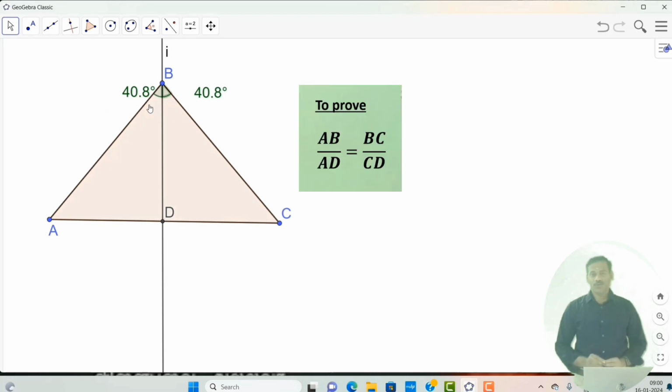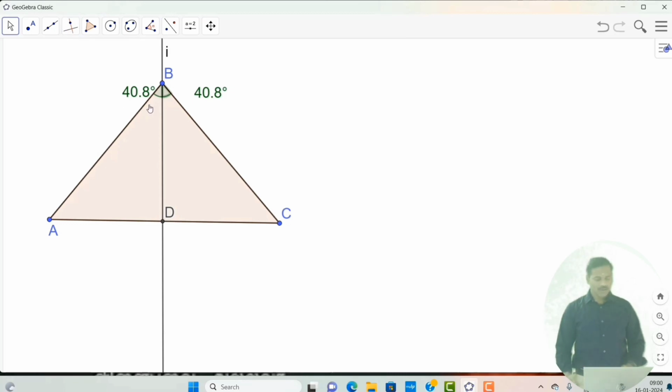Children, now what do we have to prove? We want to prove that the ratio AB by AD is equal to BC by CD. This is what we have to prove. Now for this we want to construct a triangle which may be similar to one of these.